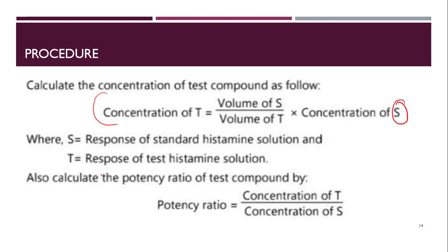Where S is the response of standard histamine solution and T is the response of test histamine solution. And also we have to calculate the potency ratio of the test compound by the formula: potency ratio is equal to concentration of T divided by concentration of S. This concentration of T we will get from the earlier formula.